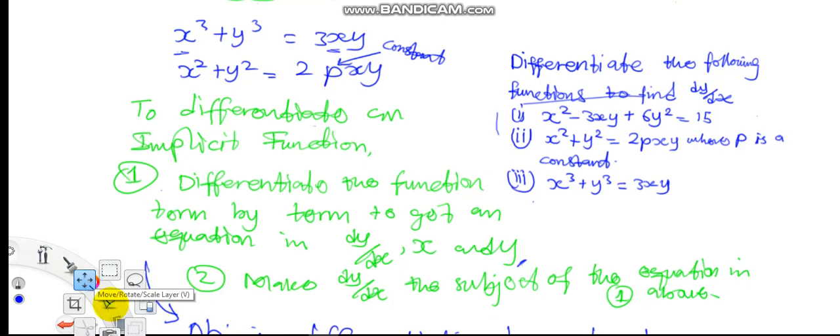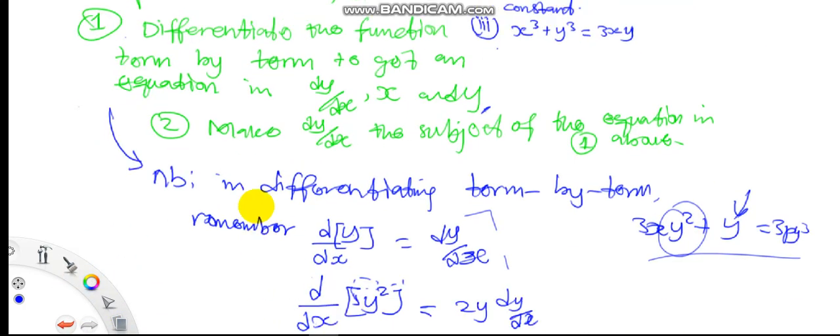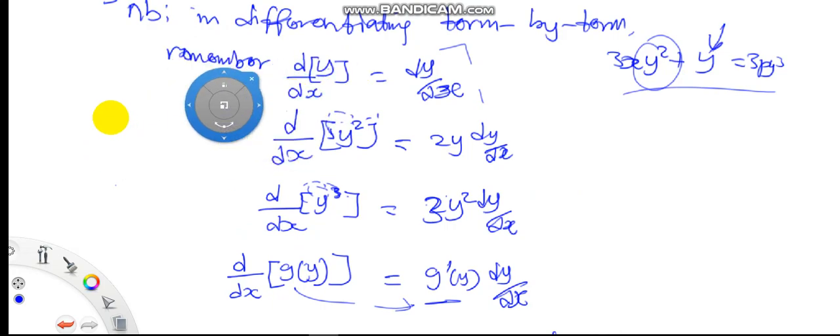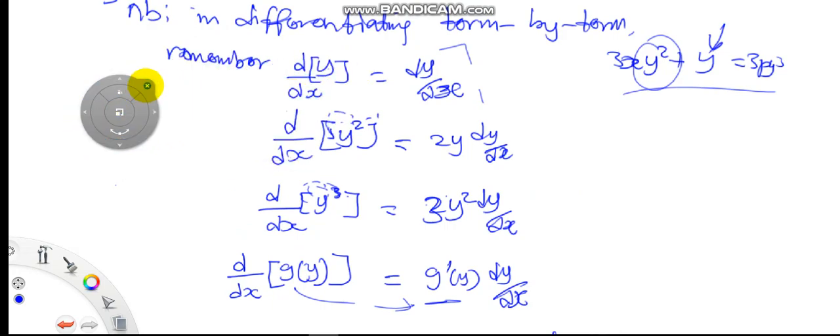Let me scroll down quickly. We did note these ones. So for the first point, say you have 3x squared plus 3xy plus y squared equals 5.